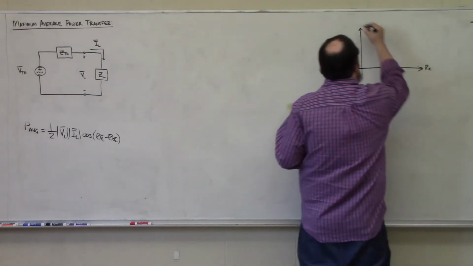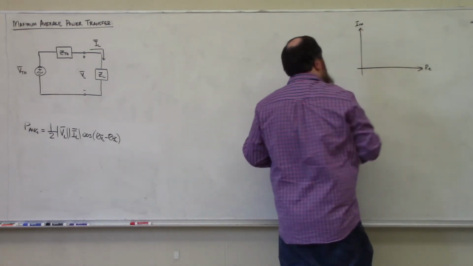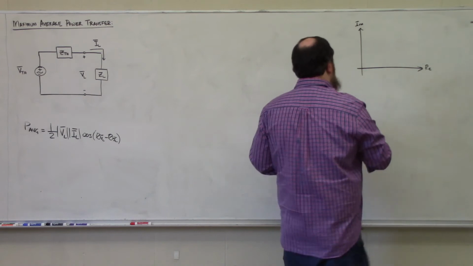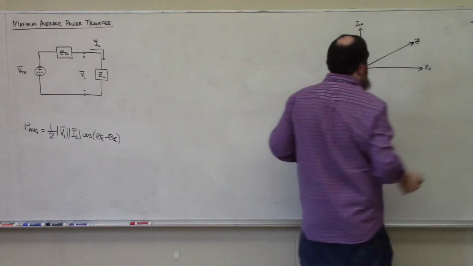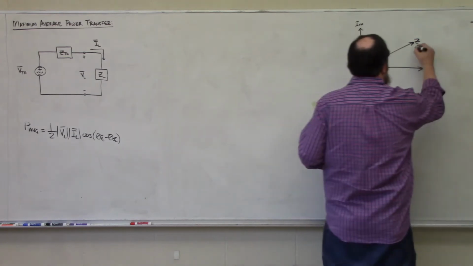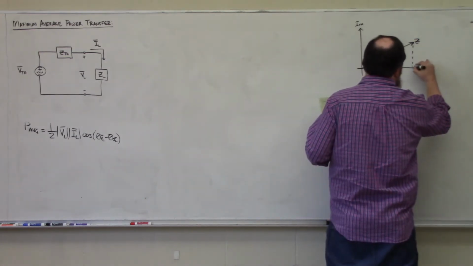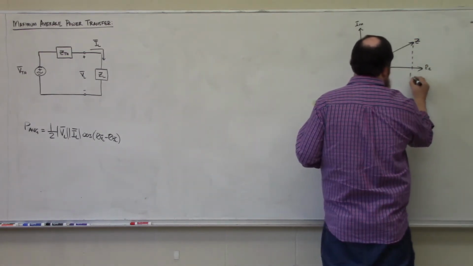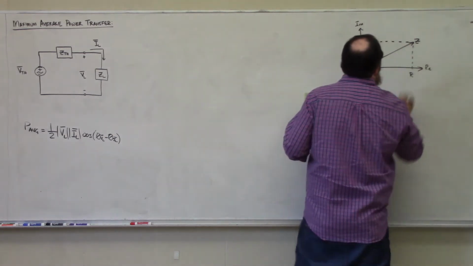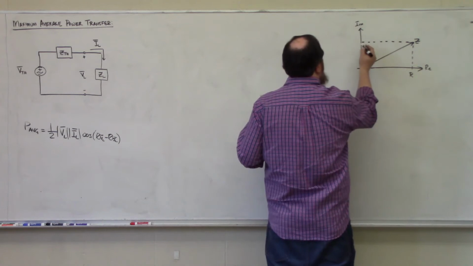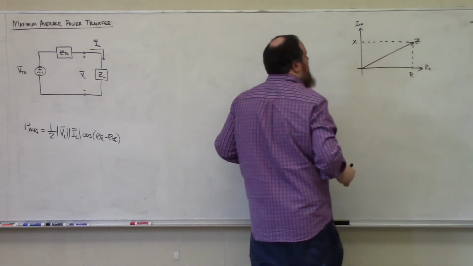On a complex plane, an impedance, which is a complex number, looks something like this. Generically, here's our impedance Z, where the projection onto the real axis is the resistance, the projection onto the imaginary axis is the reactance.